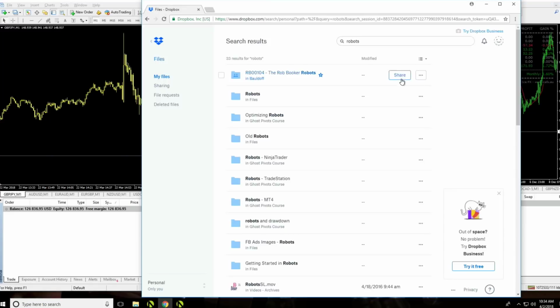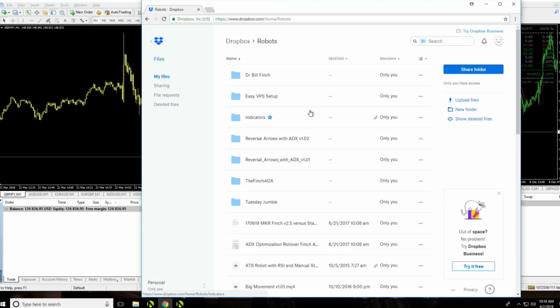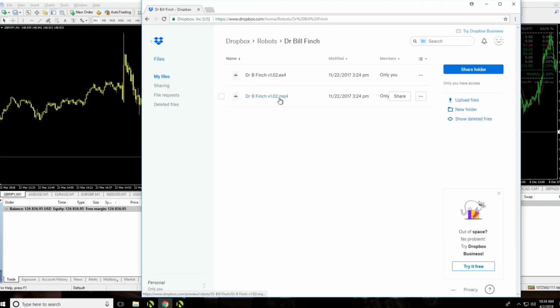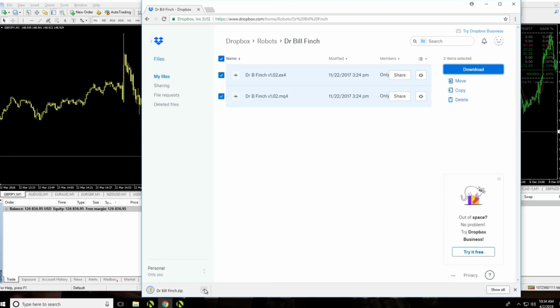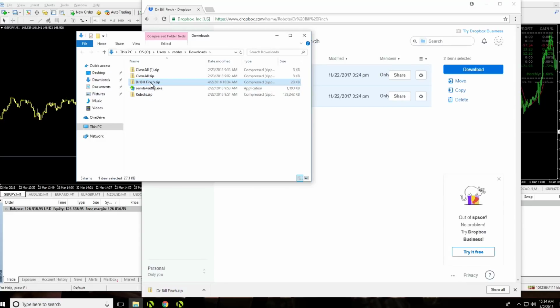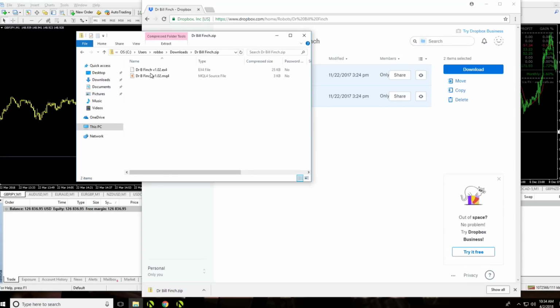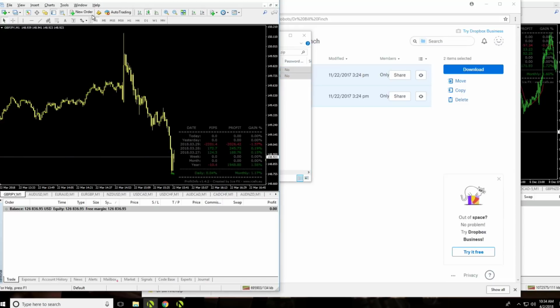So here I am on my server, and I found my robots file in Dropbox. Found my Dr. Bill Finch files. So I'm going to click once here and once here and download those files to the computer that I'm on. Then I'm going to show those files in the folder. Double click on those files, highlight them, right click and copy them, and then I'm back in MetaTrader.